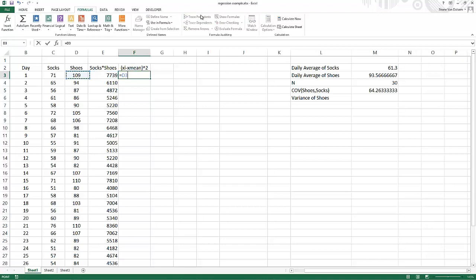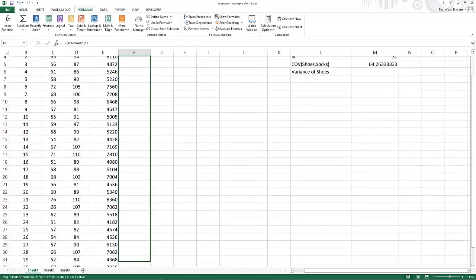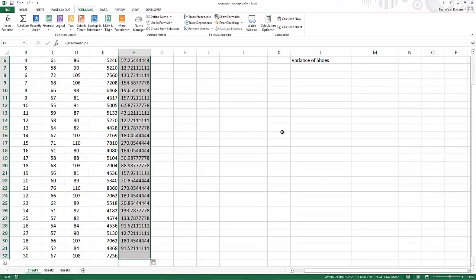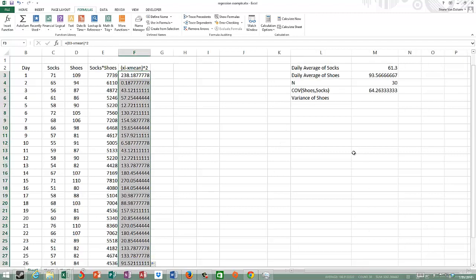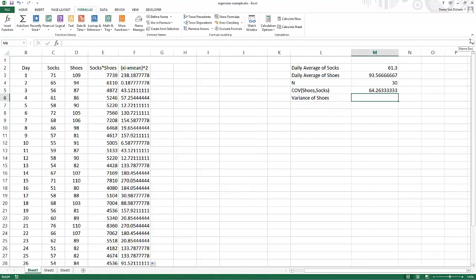So this is equal to the number of shoes, open parentheses, the number of shoes minus x mean, which we've already named, squared. So I'll highlight these and pull it down. So the variance of shoes is equal to 1 divided by obs multiplied by the sum of xi minus x mean squared.